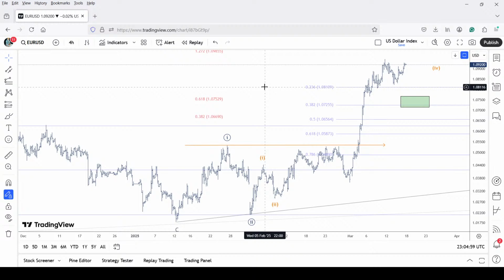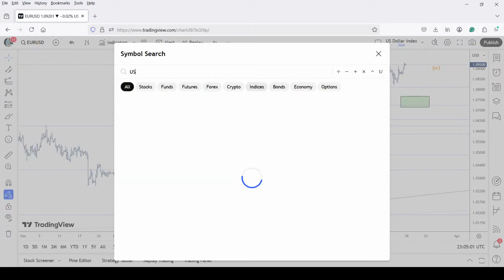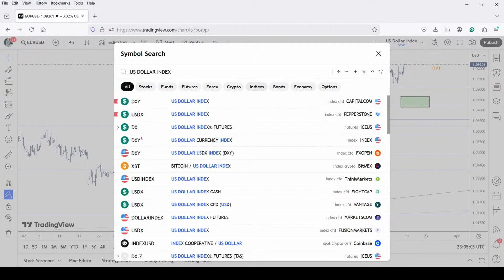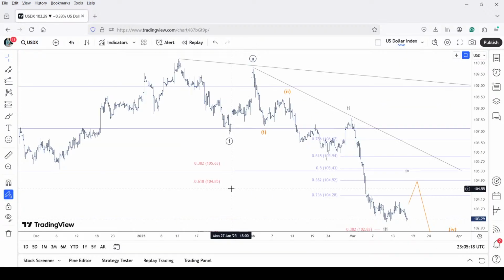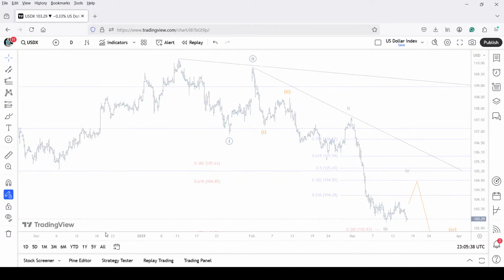I think it's time for the dollar index now. This particular sideways move is still not getting very clear whether we are going to see a corrective wave higher or not.